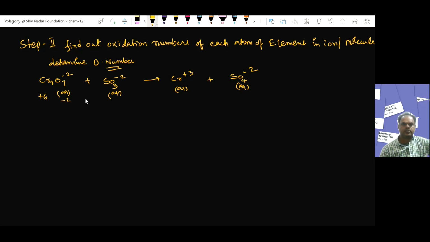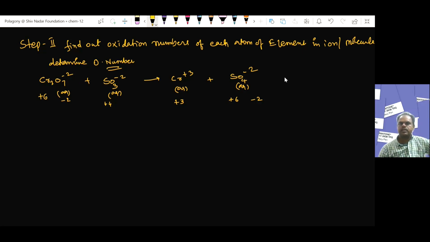Sulfur oxidation number here: -2 into 3 is -6, so the oxidation number of sulfur is +4, and chromium is +3. Sulfur changes to +6, and oxygen is -2. So we have assigned oxidation numbers.